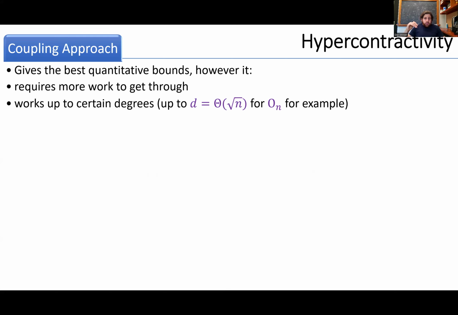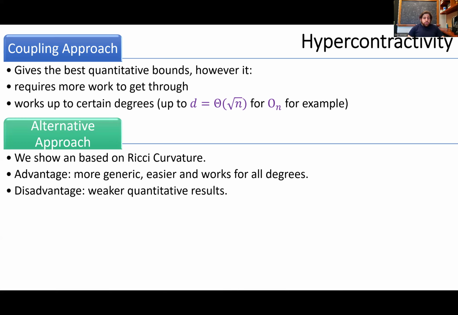So this coupling-based approach works for polynomials of degree up to root n for U(n), and once you go beyond root n degree, you don't get anything. This is kind of annoying, and in some sense, the reason for that is that when you go beyond d by d minors, when d is larger than root n, then this intuition of the minor starts being false, and there is no hope for this, or at least as far as we know.